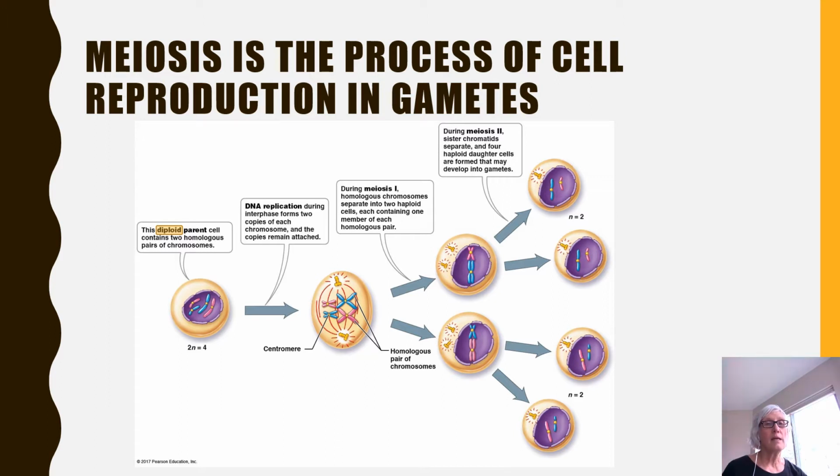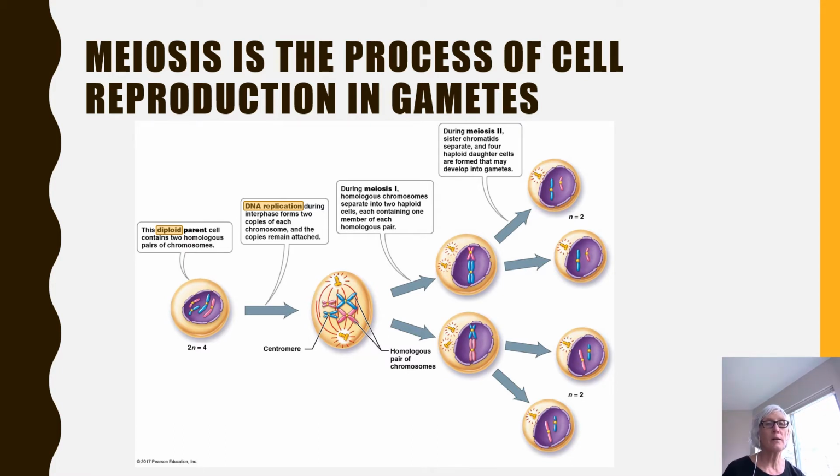The DNA is copied, and that process is termed DNA replication. So that in that middle cell, you see that there are two dad copies of the big blue chromosome, two dad copies of the little blue chromosome, and two copies of the mom big chromosome and two copies of the mom little chromosome.